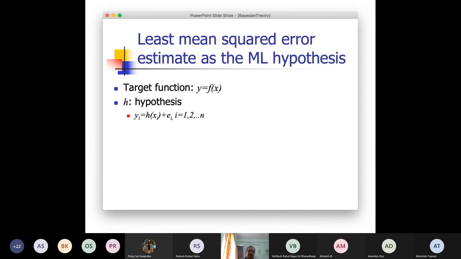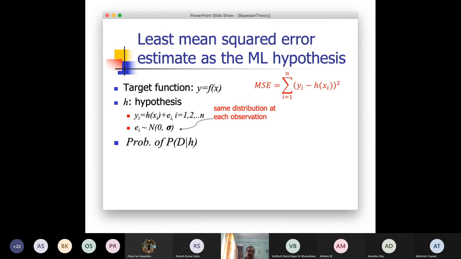So you can consider there is a deviation or an error term ei, and if I consider that ei follows a Gaussian distribution with mean 0 and standard deviation sigma, then the probability of the corresponding data given the hypothesis can be expressed in this way.